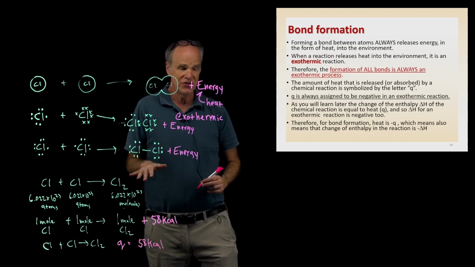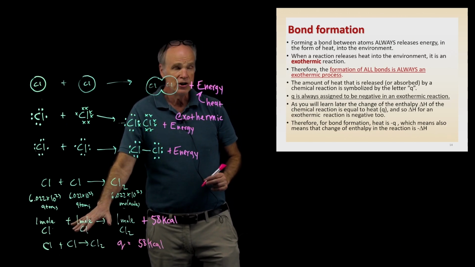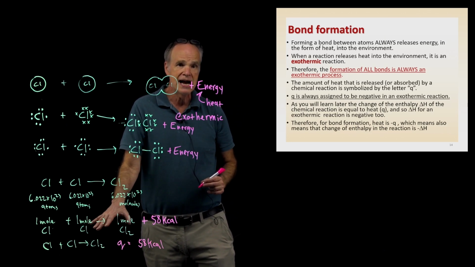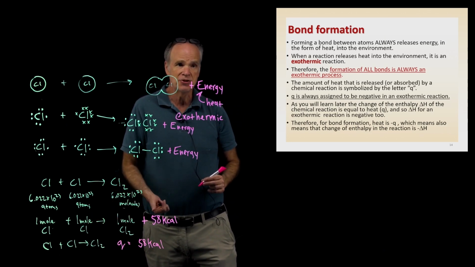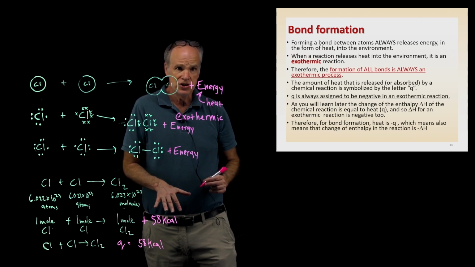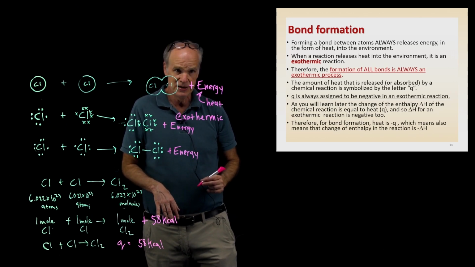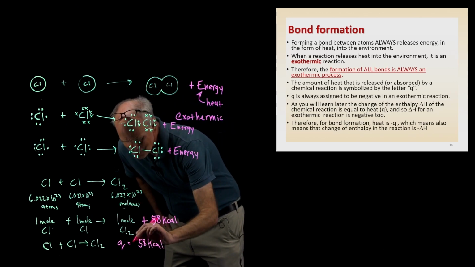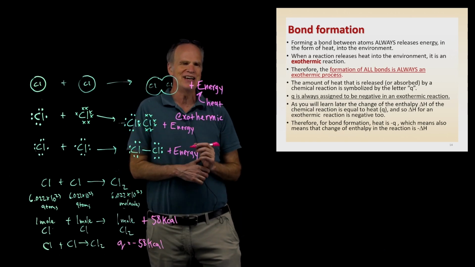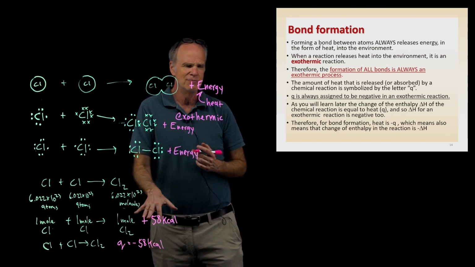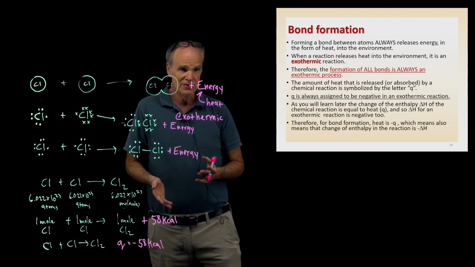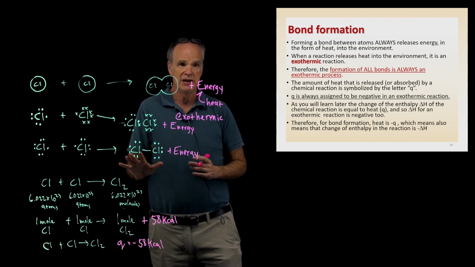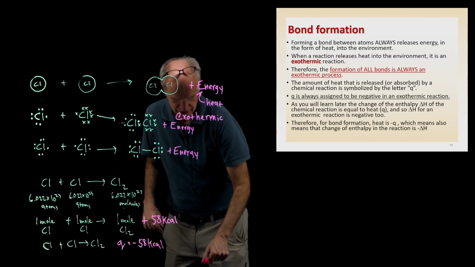But there is a sign convention. Whenever you have a chemical reaction that is releasing energy into the environment, an exothermic reaction, the value of Q is always assigned to be negative. You might be wondering why the value is negative, and I'm going to talk about that in just a moment. To explain that, I'm going to have to erase this and make a drawing. So I'll be right back with you.